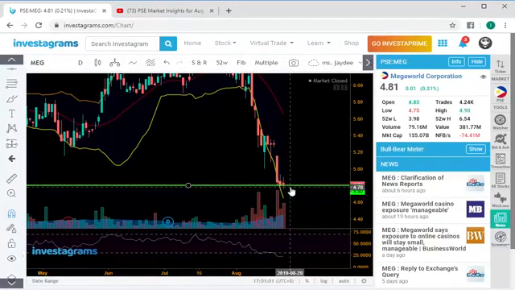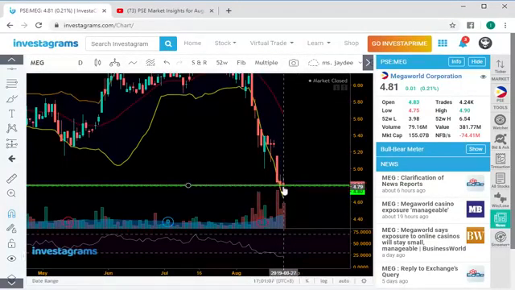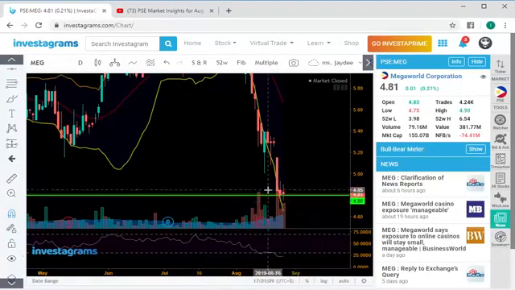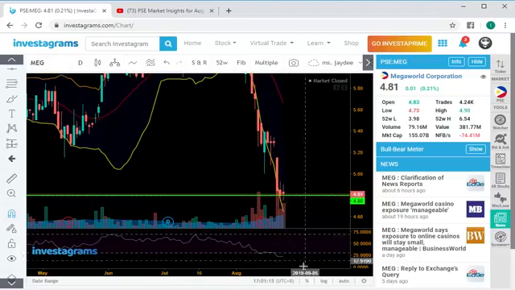And that candlestick must have support, or the lower price must be around this area as well. So a green candlestick tomorrow or in the coming days would be perfect for your entry.